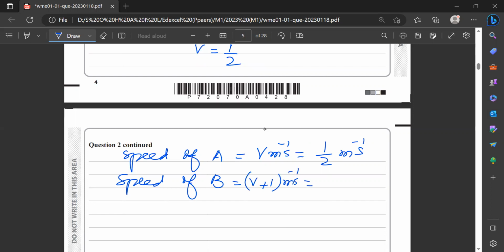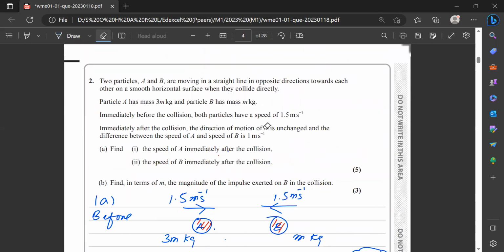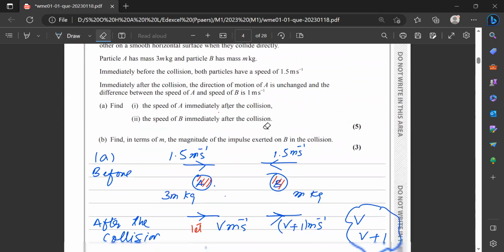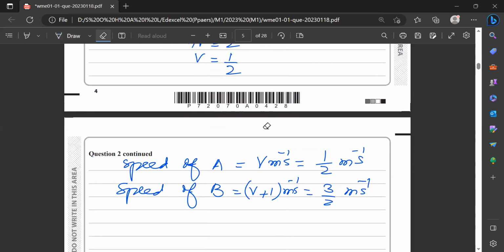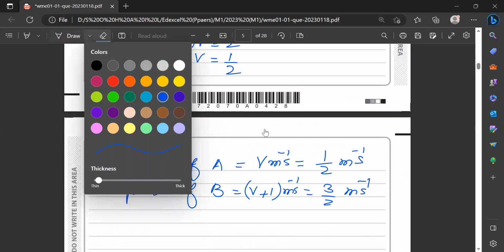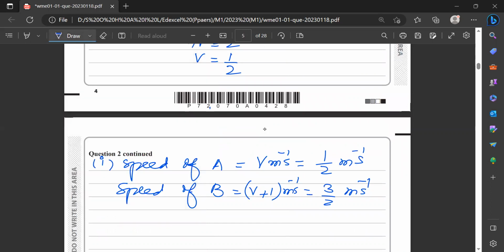So adding 1 to this, 1 over 2 plus 1 is 3 over 2 meters per second. So these are the answers. The question was find the speed of A immediately after and the speed of B immediately after. So this is part 1, and this is part 2.